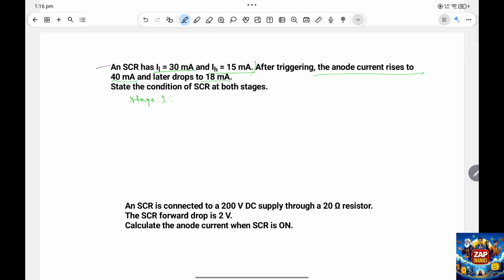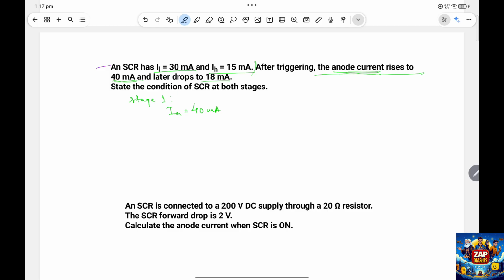In stage 1, after triggering the SCR, the anode current IA rises to 40 milliamps.